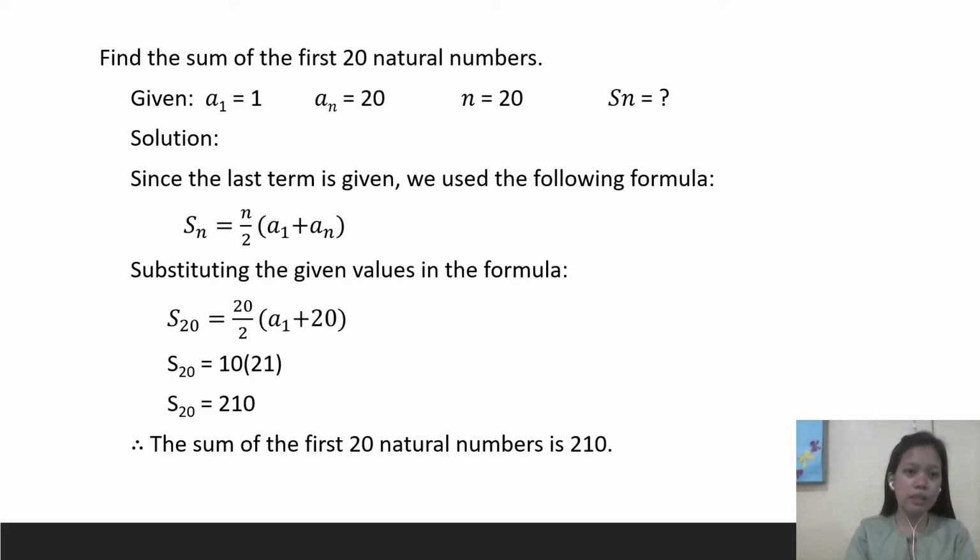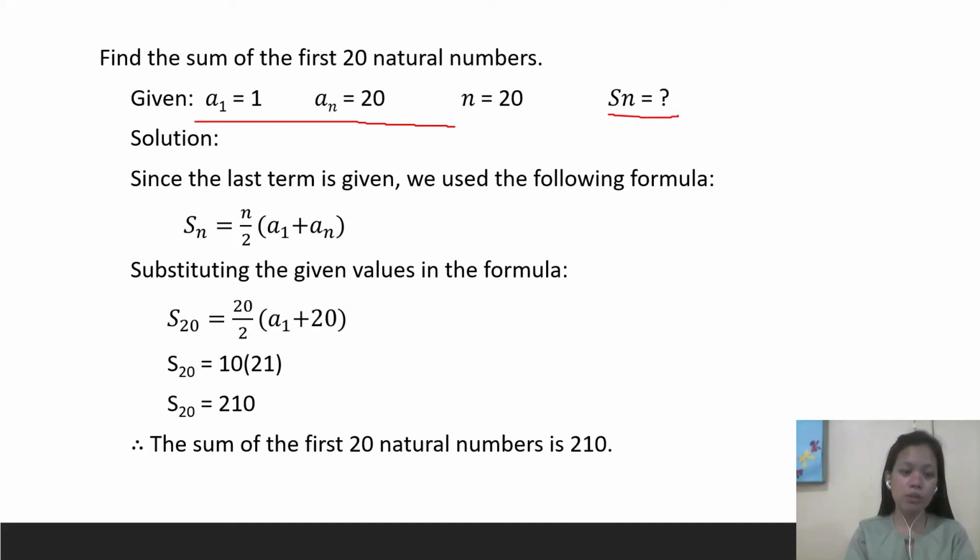Another example: find the sum of the first 20 natural numbers. Given: a sub 1 is equal to 1, a sub n is equal to 20, n is equal to 20, and S sub n is what is asked.